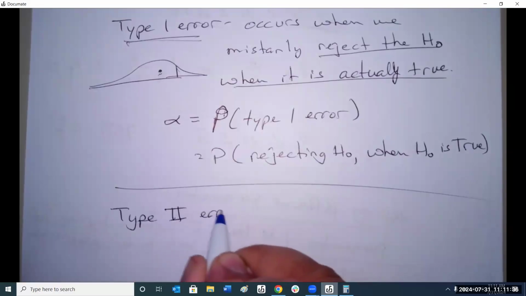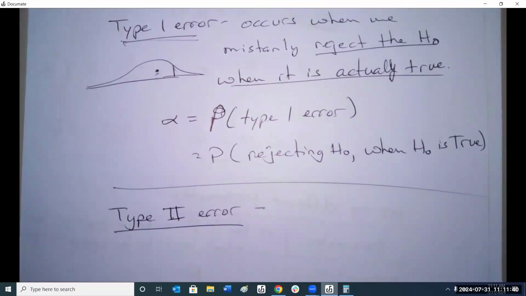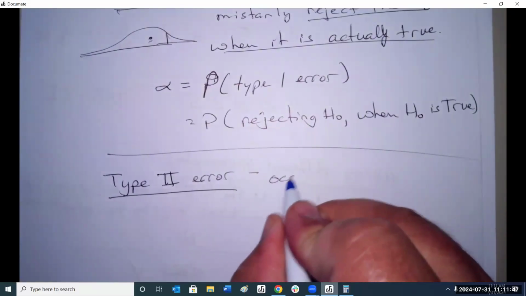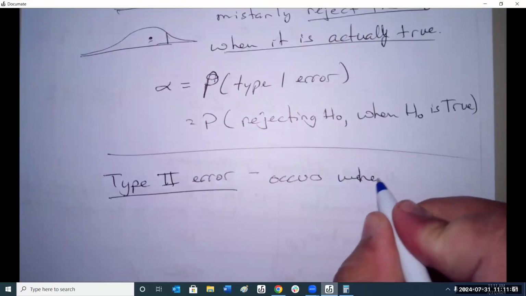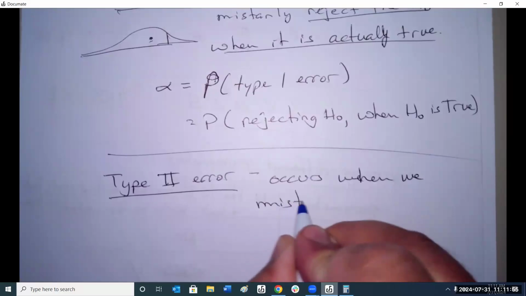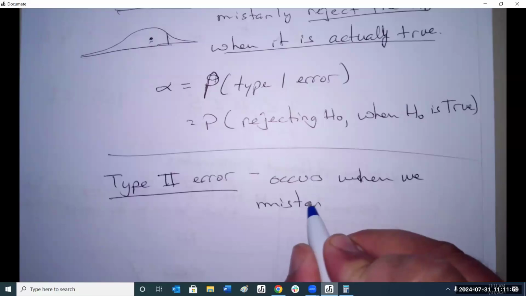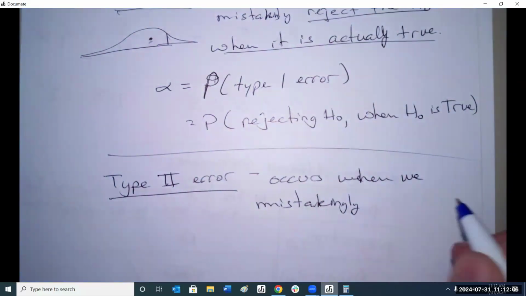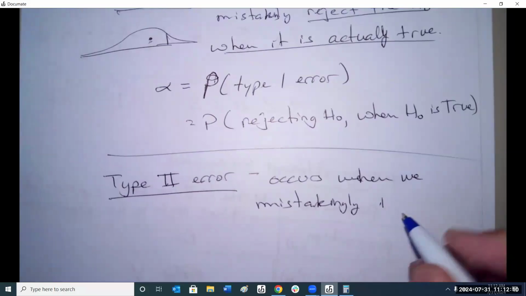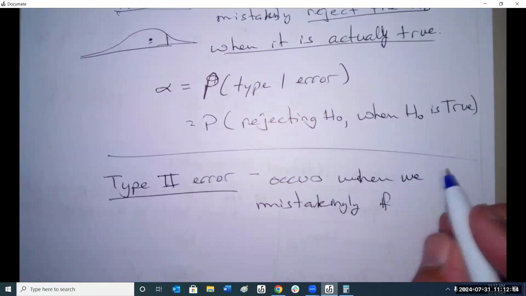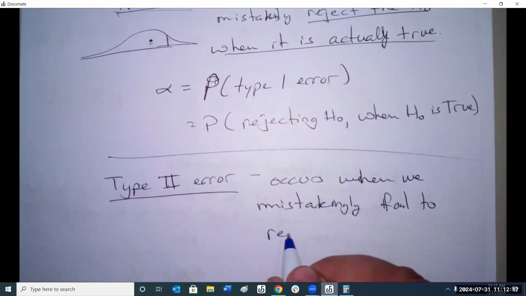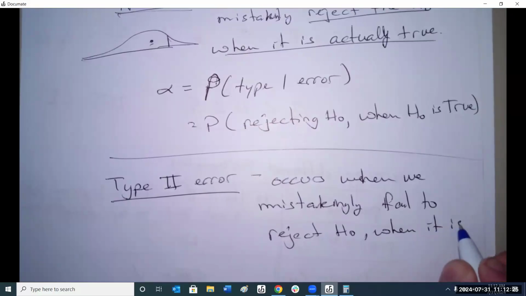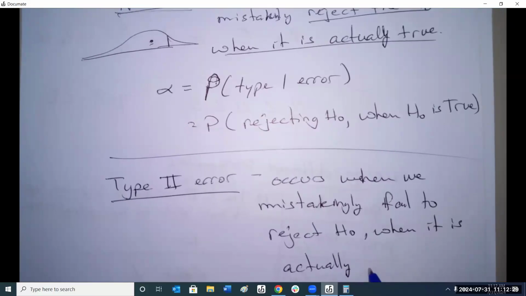A type 2 error is just the opposite. It occurs when we mistakenly fail to reject H0 when it is actually false.